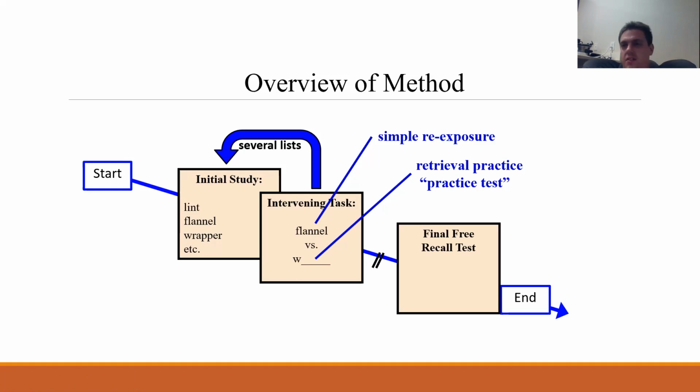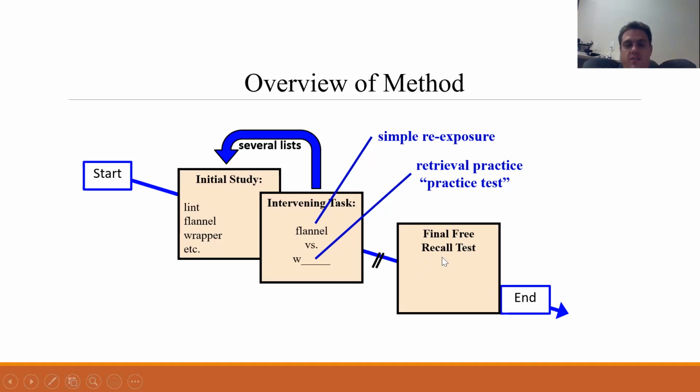She gave this presentation a long time ago, but I think if the practice test is really hard and you don't get any retrieval, then it doesn't seem to work. Sometimes you also show them the answer if they can't retrieve it, sometimes you don't. And I think it's a little bit less effective, but it still works even if you don't show them the answer.